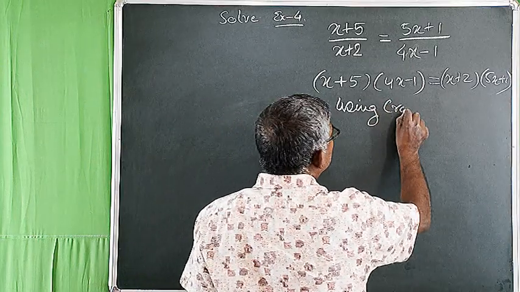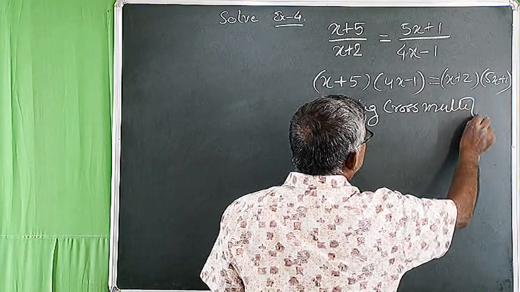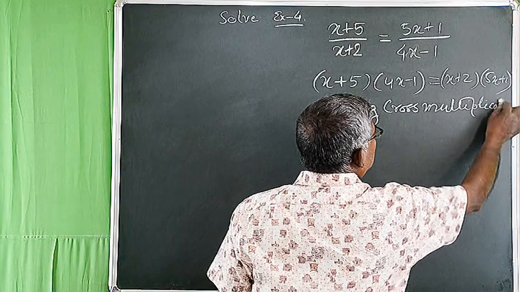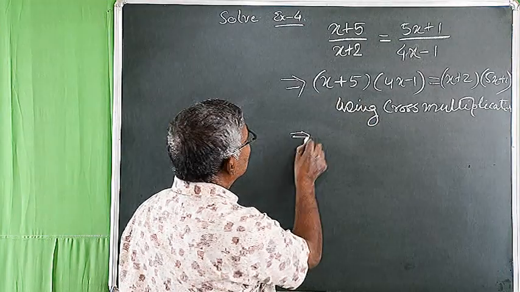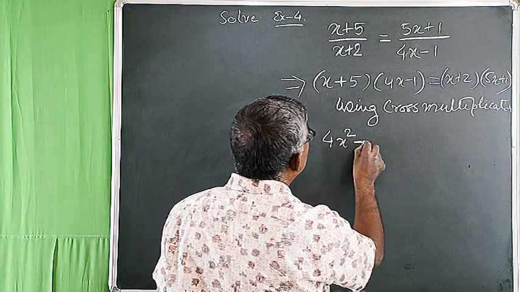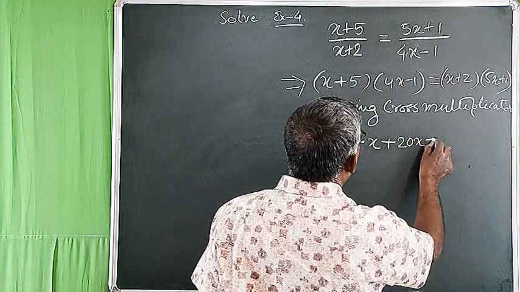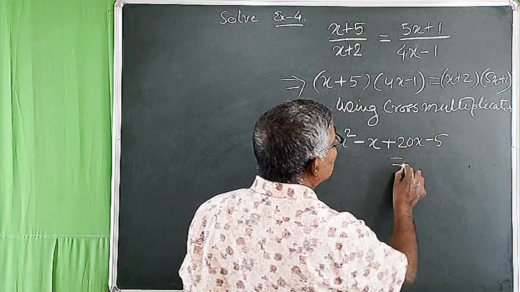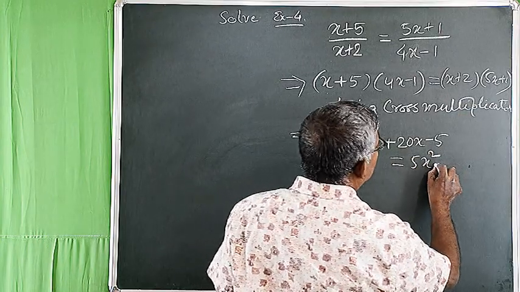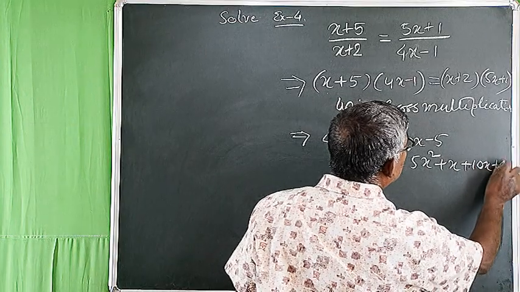Using cross multiplication, this implies that x into 4x, that is 4x² - x + 20x - 5 = 5x² + x + 10x + 2.